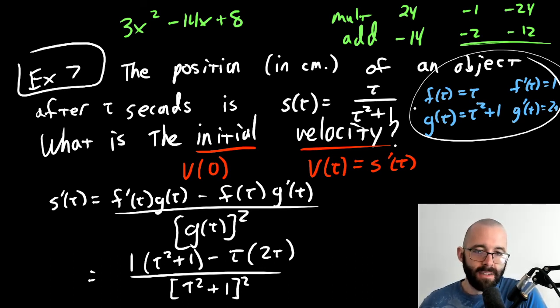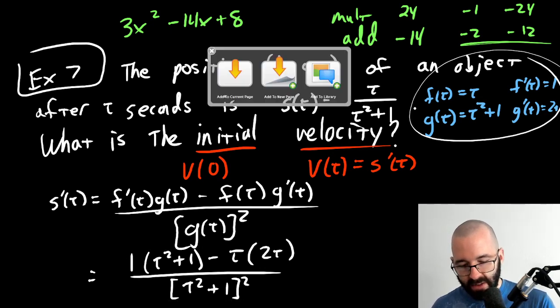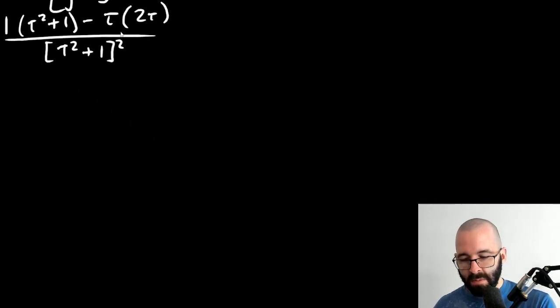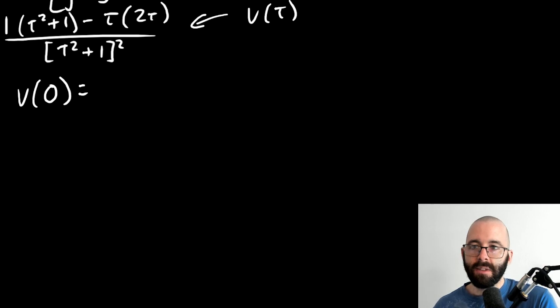So it's good practice if you want to keep simplifying. But specifically, we really only do want the value at 0. So we can save ourselves a little bit of time by saying, all right, this is our velocity. So specifically our velocity after 0 seconds, just plugging in 0 here.